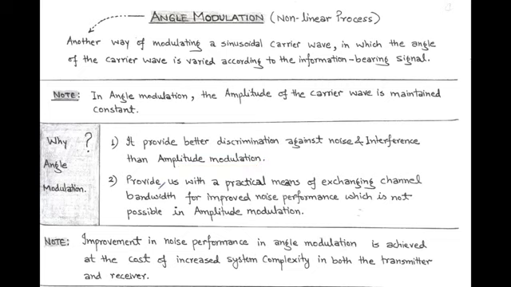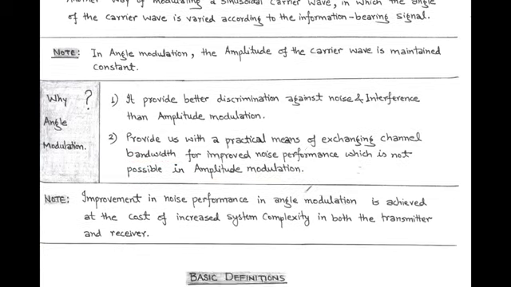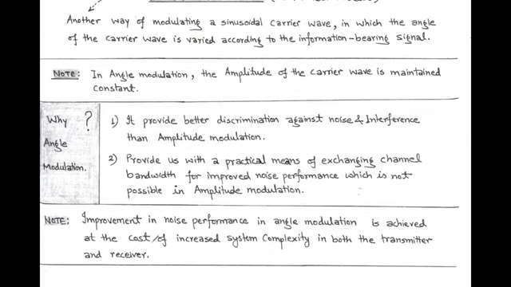Also, in angle modulation, there is improved noise performance, and this is obtained practically by exchanging channel bandwidth, which is not possible in case of amplitude modulation. But the improvement in noise performance is achieved by enhancing system complexity, which increases the cost of both transmitter and receiver. So this is a drawback of angle modulation: it increases the noise performance at the cost of transmitter and receiver.